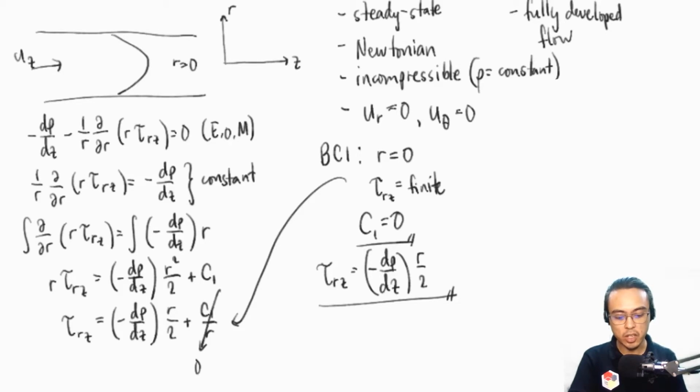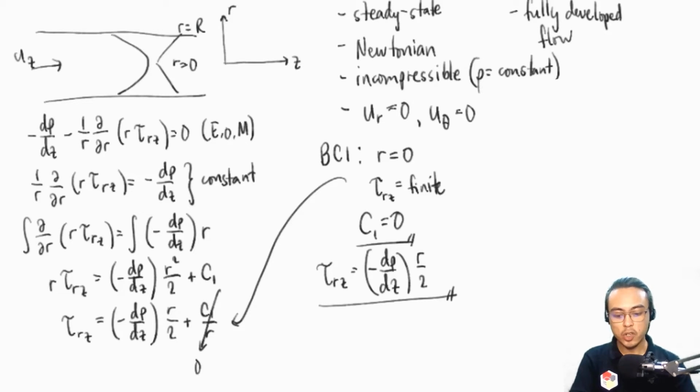And since this is a linear function, we then expect the shape of the shear stress profile to be something like this. The shear stress is minimum at the middle wherein r is equal to 0 and its maximum at the walls of the pipe, which is at r is equal to capital R, or the radius of the pipe.